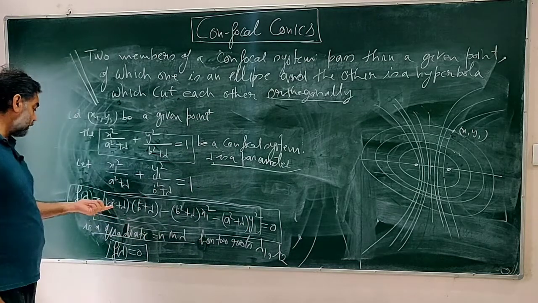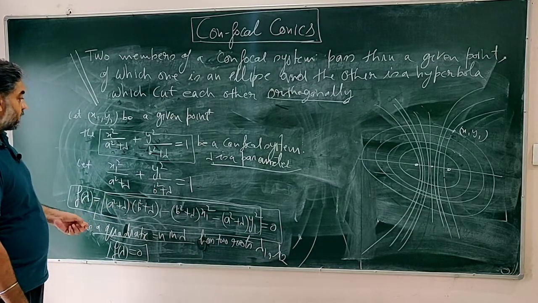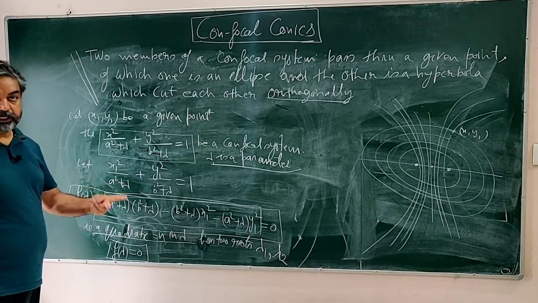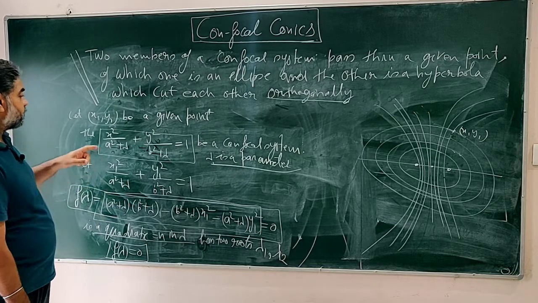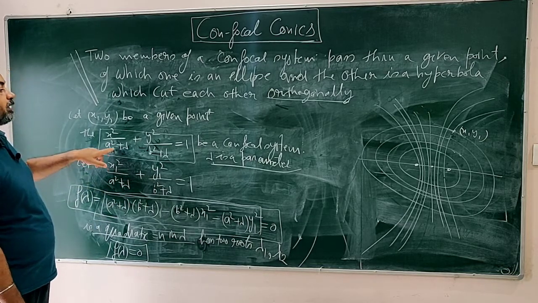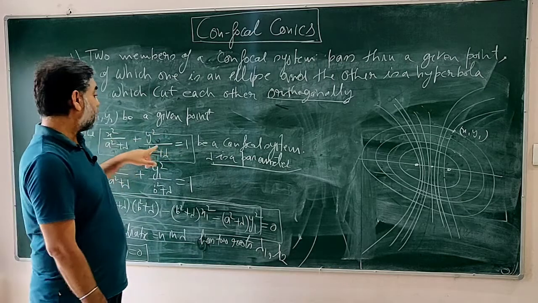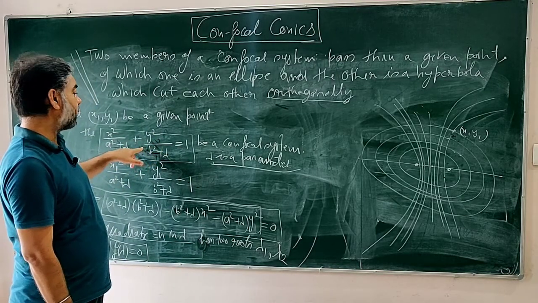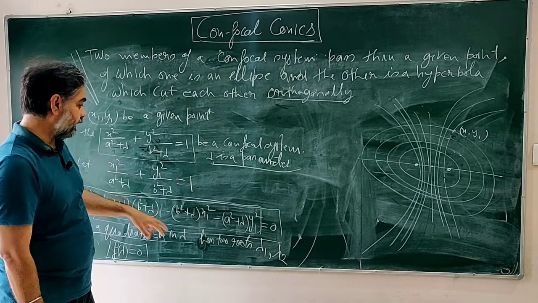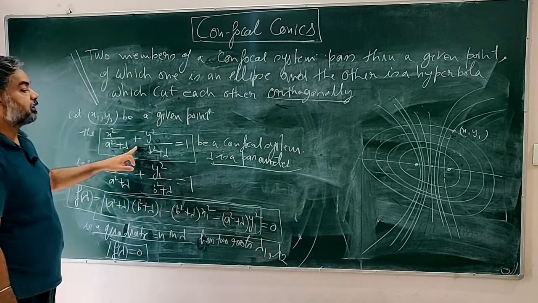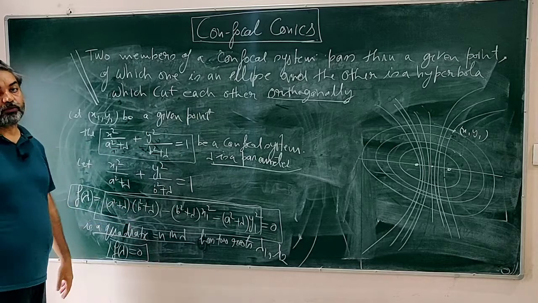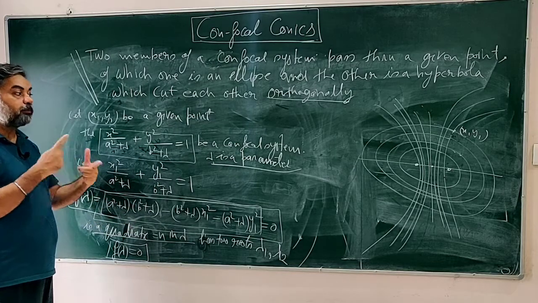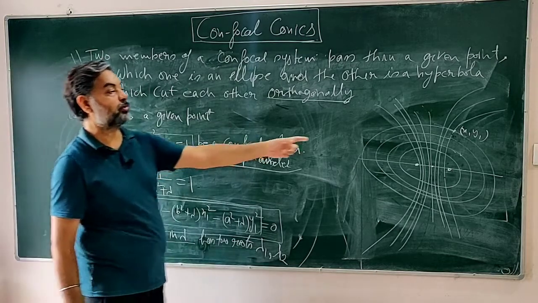So if you solve this quadratic equation, then you get two roots, lambda 1 and lambda 2. Putting lambda equal to lambda 1 here, you get one member of the confocal system, and by putting lambda equal to lambda 2 here, you get another member of the confocal system. So that means two members of the confocal system will pass through the point x1, y1.